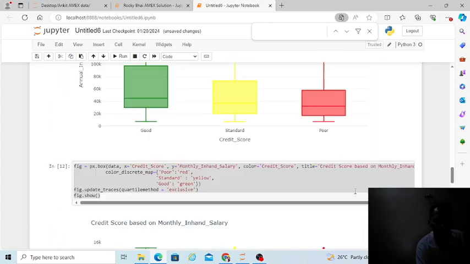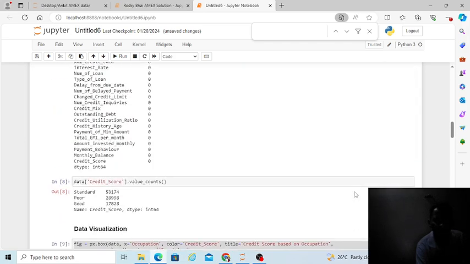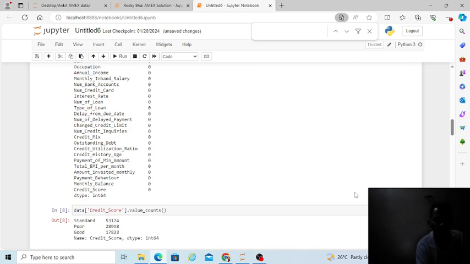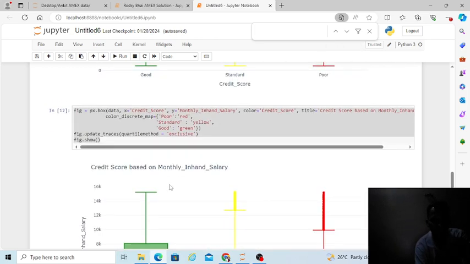Now we will check this for interest rate.